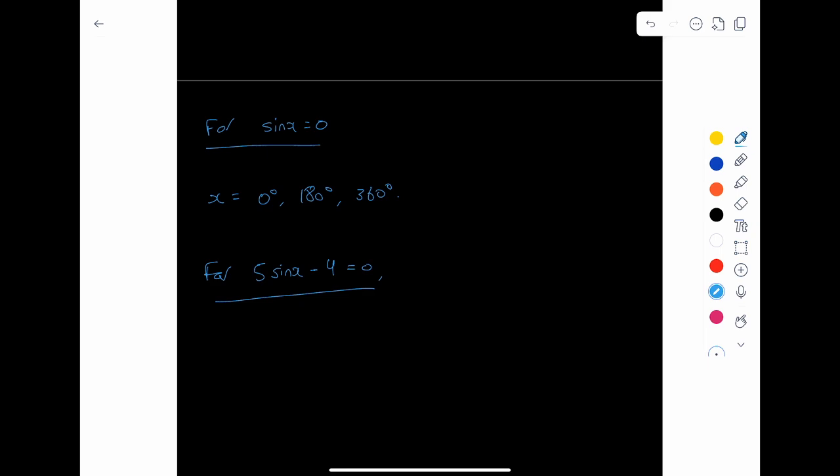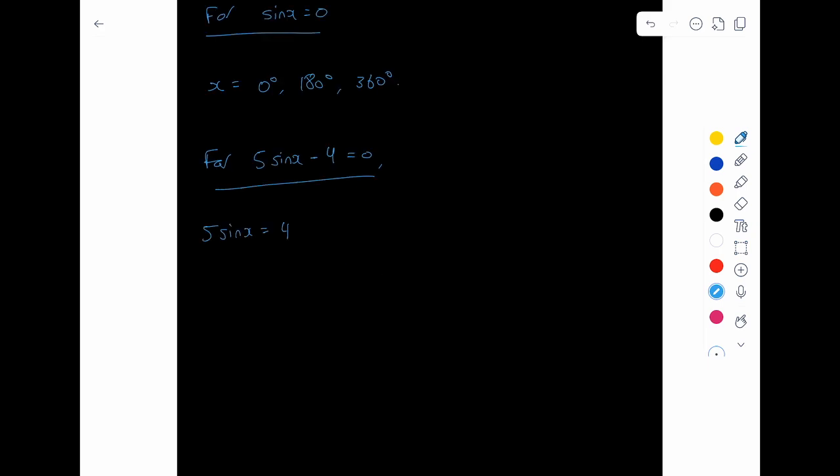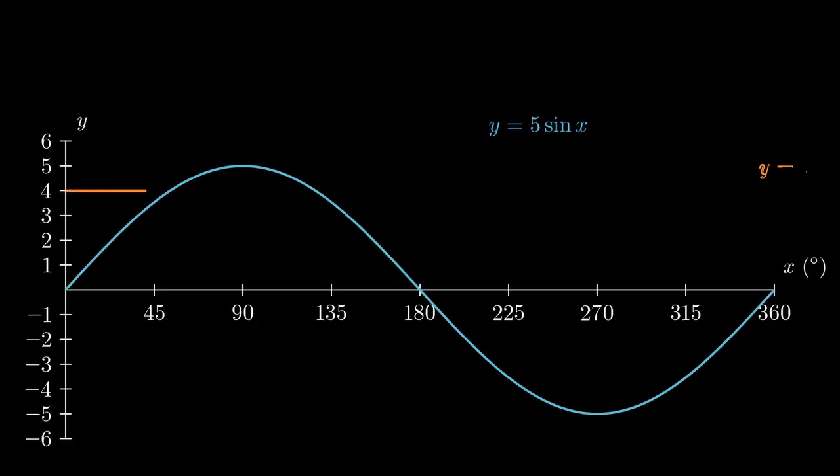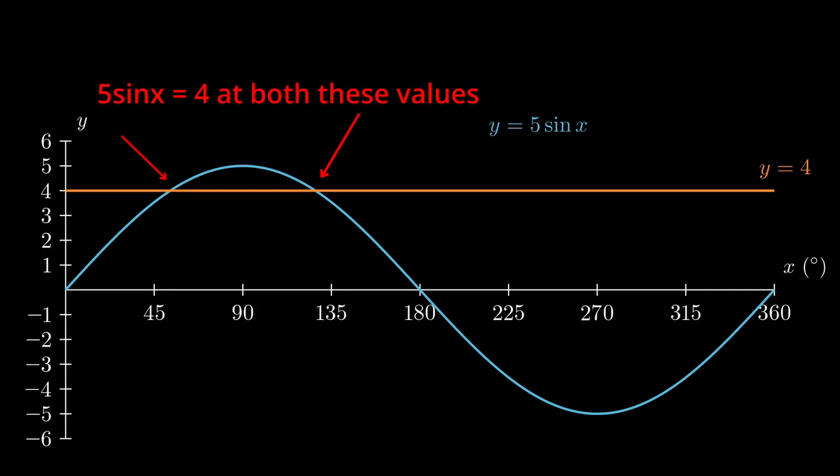In the second case, we have 5 sine x minus 4 is equal to 0, which means 5 sine x equals 4, and therefore sine x is equal to 4 over 5, which equals 0.8. But remember, from our trig graphs, we know that sine x is a function and can therefore have multiple values.